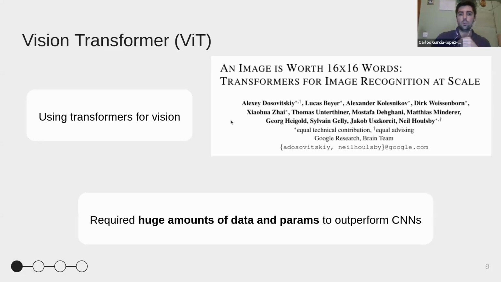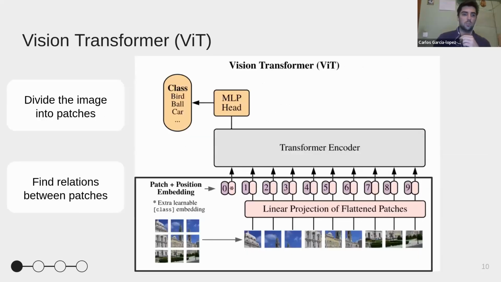That's why Google again introduced the ViT, or vision transformer, in, I think, 2019, an architecture that used transformers for computer vision tasks. It managed to outperform convolutional neural networks, or CNNs, which were the previous state of the art, but it required huge amounts of data and parameters. So the models needed to be quite big.